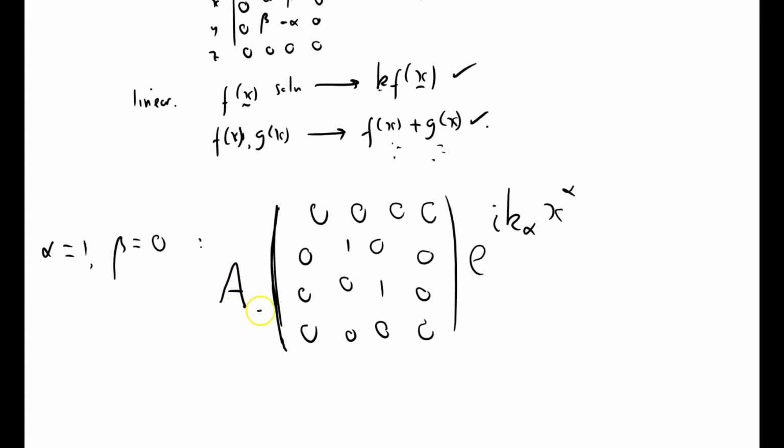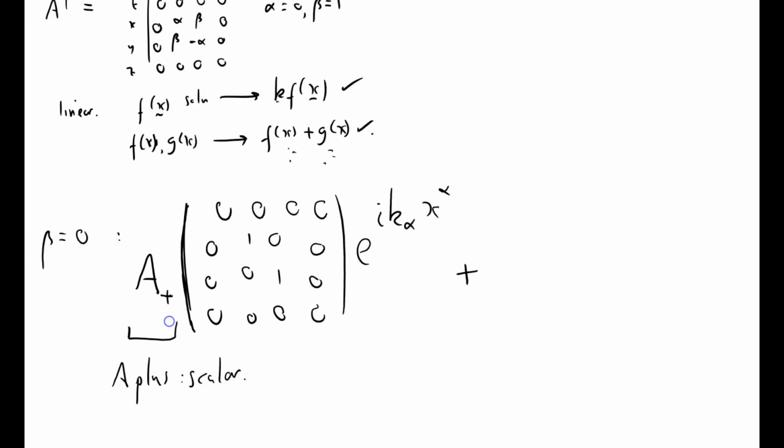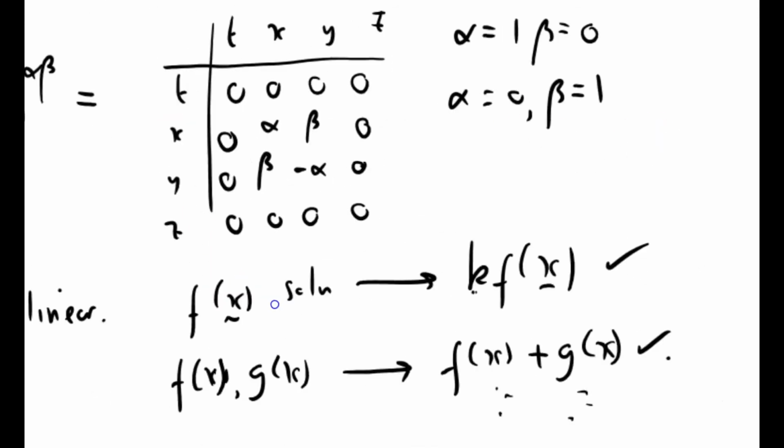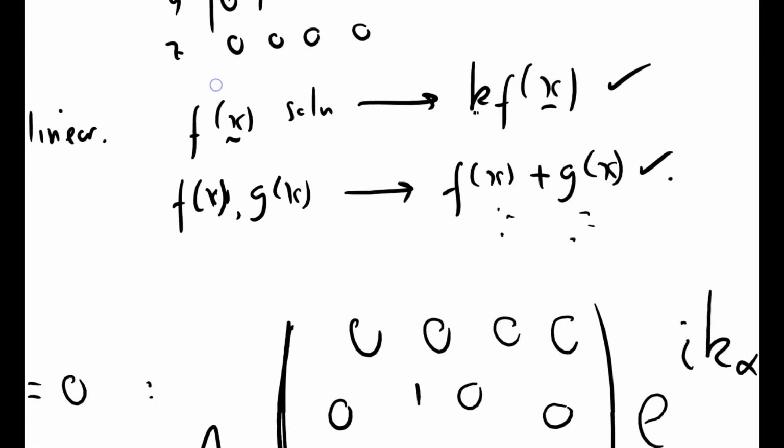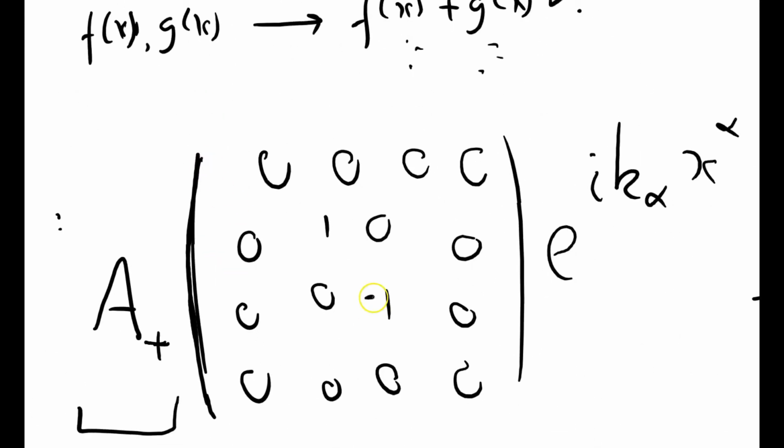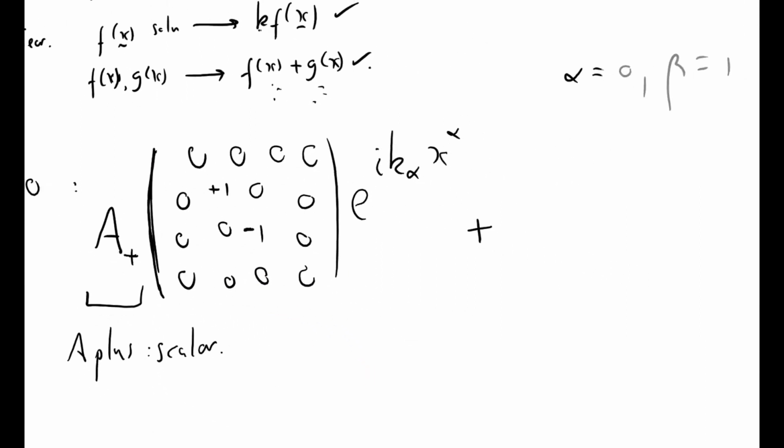For reasons that will become apparent, I'm going to call it A with a subscript plus. It's just a scalar, and I'm going to add to that the solution with alpha equals 0 and beta equals 1. So what did that look like? That's up here, so we've got 1s on the off diagonal there. Oh, that should be a minus 1, of course. That's a plus 1 and that's a minus 1. Plus A, and for reasons that will become apparent soon, I'm going to call that cross. That's another scalar.